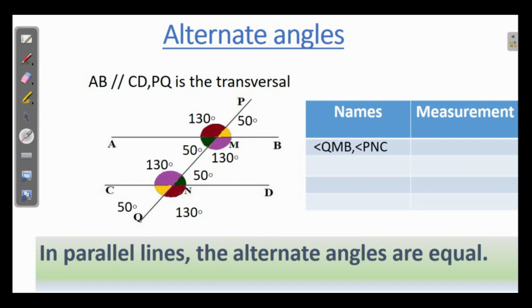First one started from Q and the other one started from P. QMB, this angle. The hands are QM and MB. Here this color angle. So which are the hands of this? Start from P. P, N and NC. These are the hands of the angle. So we can write angle PNC, naming the angle. So that is the first pair, that measure is 130 degree.